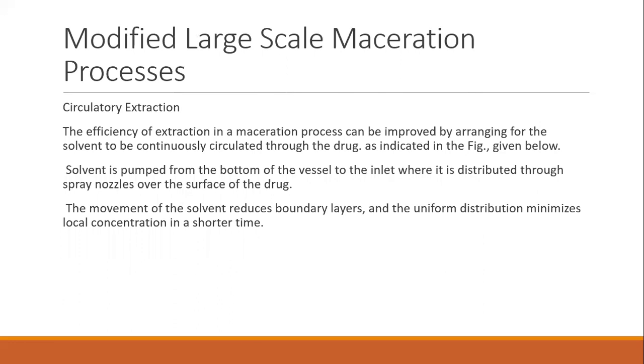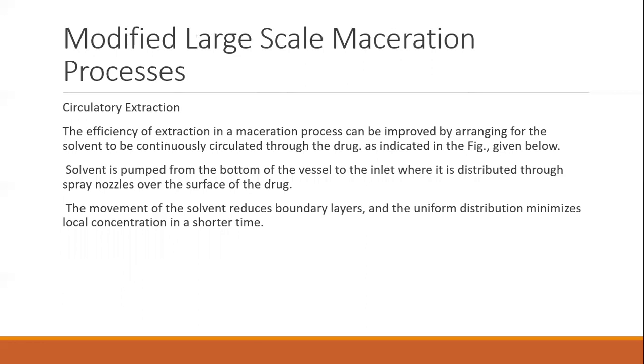What do we do if we modify the large scale maceration process? One example is circulatory extraction. The efficiency of the extraction and maceration process can be improved by arranging for the solvent to be continually circulated through the drug.